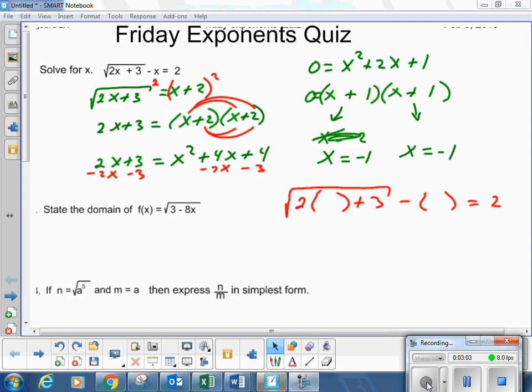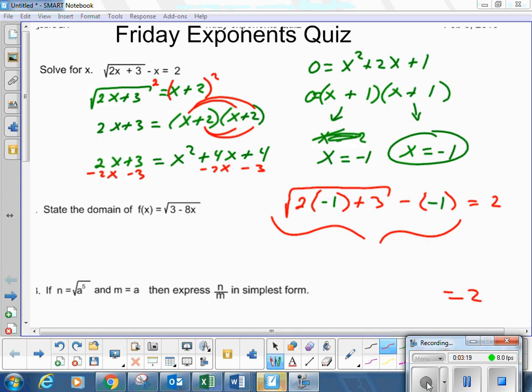And now that you've solved and said that x equals -1, we're going to replace the x's with -1s and see if this in fact turns out to be true. So at this point, I would pause the video and try to work this out right here. Do this left-hand side here, and see if it in fact comes out to be 2. And if it does, that means that your -1 works.